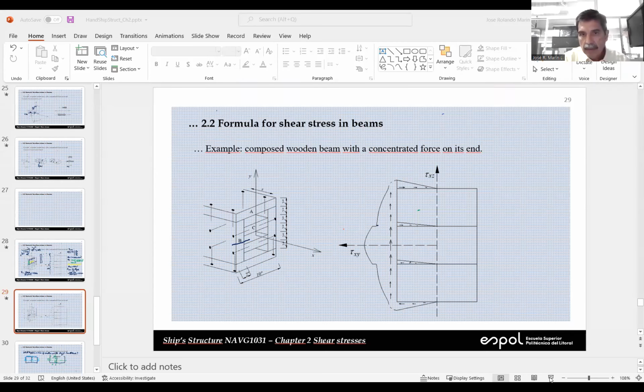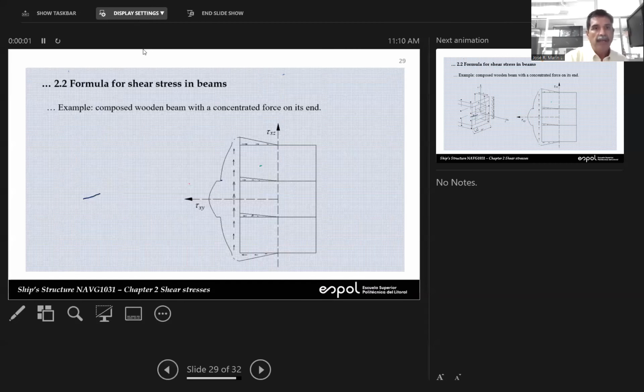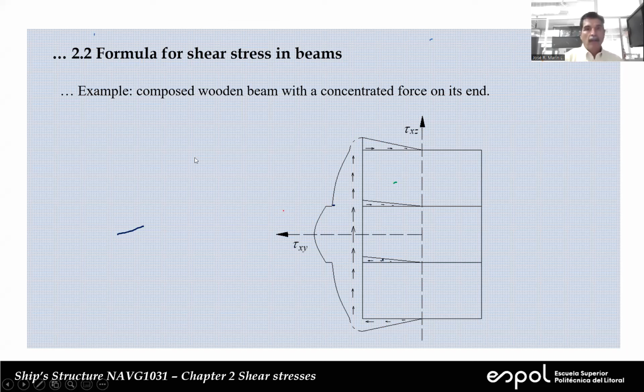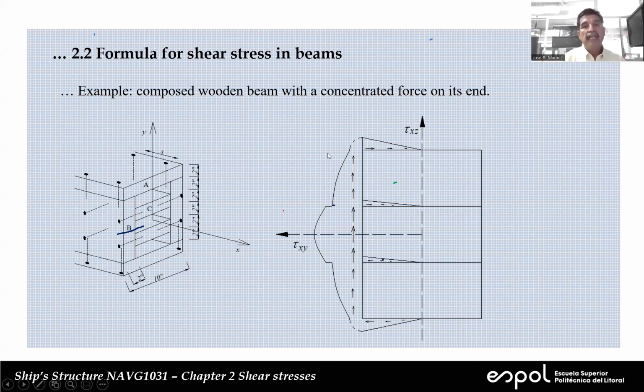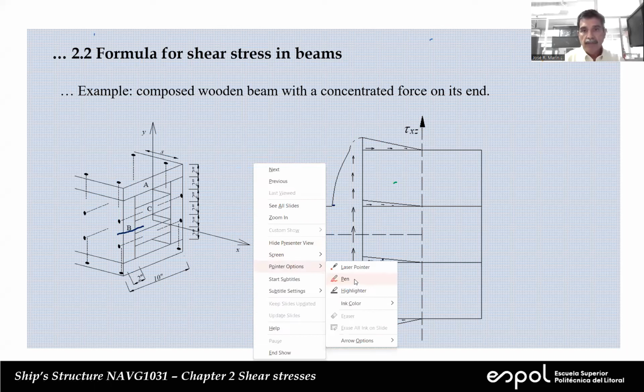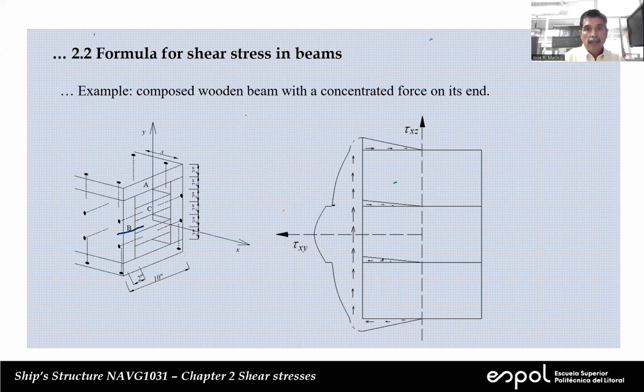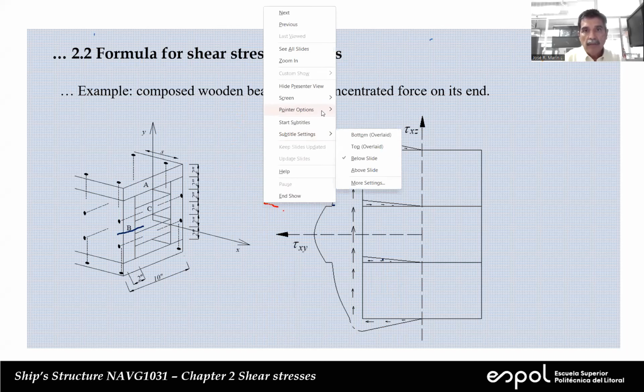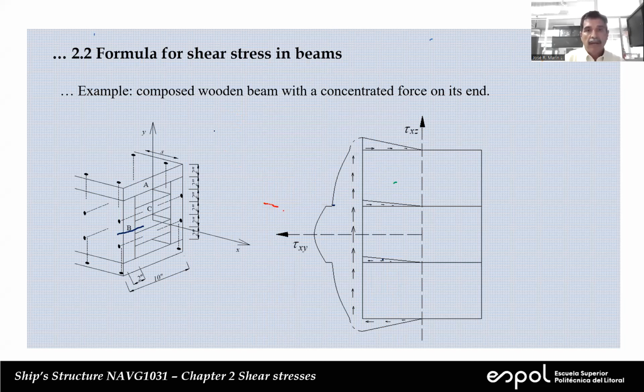Okay, we are here. Then we switch. My suggestion always is to draw something very clear. And this is what I need you to do. Okay. Let's draw. I don't like that color.